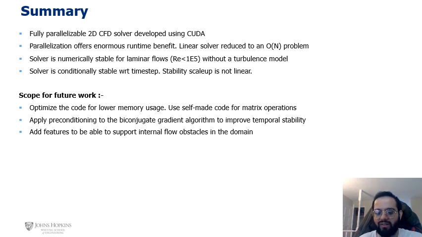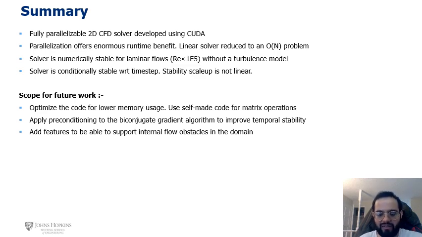In particular, the code to do the matrix multiplication, which uses a large buffer size, could be completely changed to not use as much space as it does. The second thing is that preconditioning can be applied for the biconjugate gradient algorithm, which can help improve the temporal stability with respect to the time step.